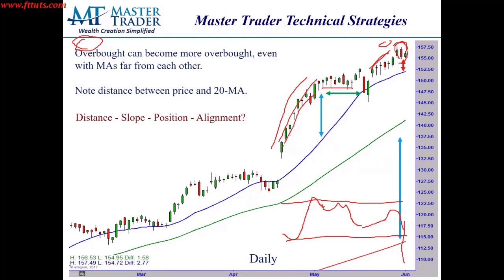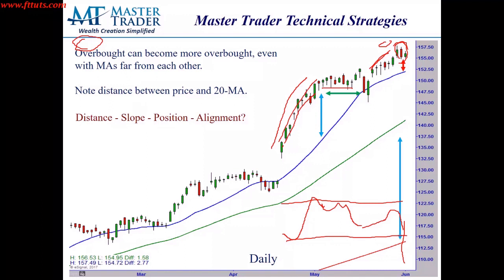So as we put together the different pieces of information, our odds of pinpointing a turning point become greater and greater.